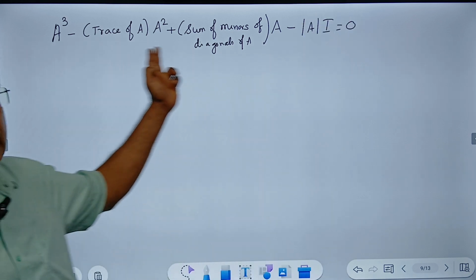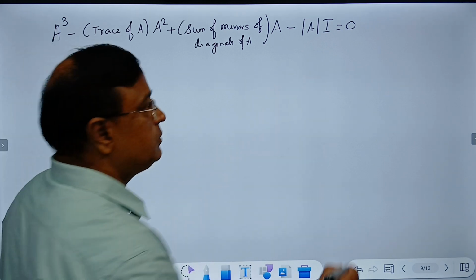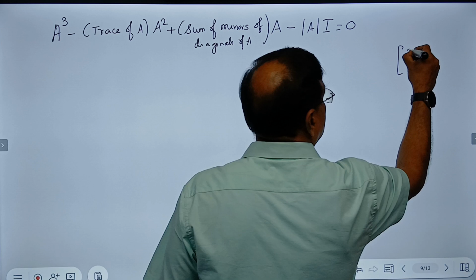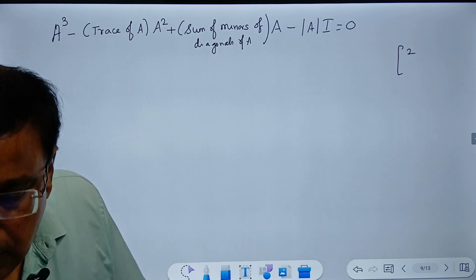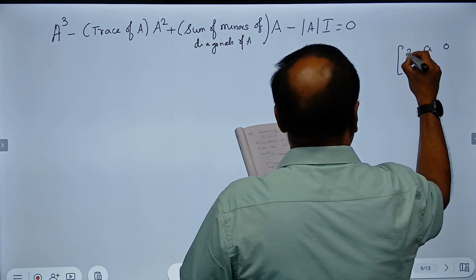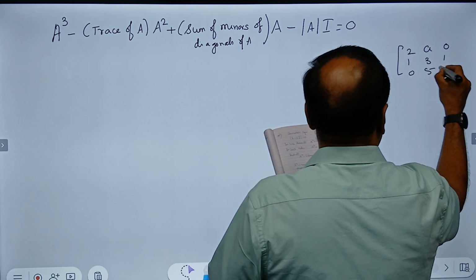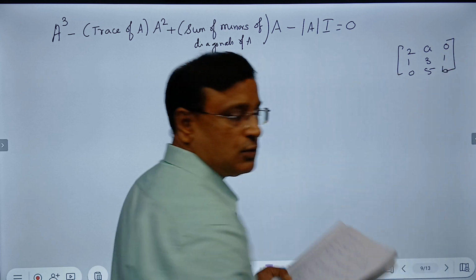So if you apply it here, you will get the answer. I'll just show you quickly how to do it. So the matrix is 2, a, 0, 1, 3, 1, 0, 5, b. This is a different approach, that's all.